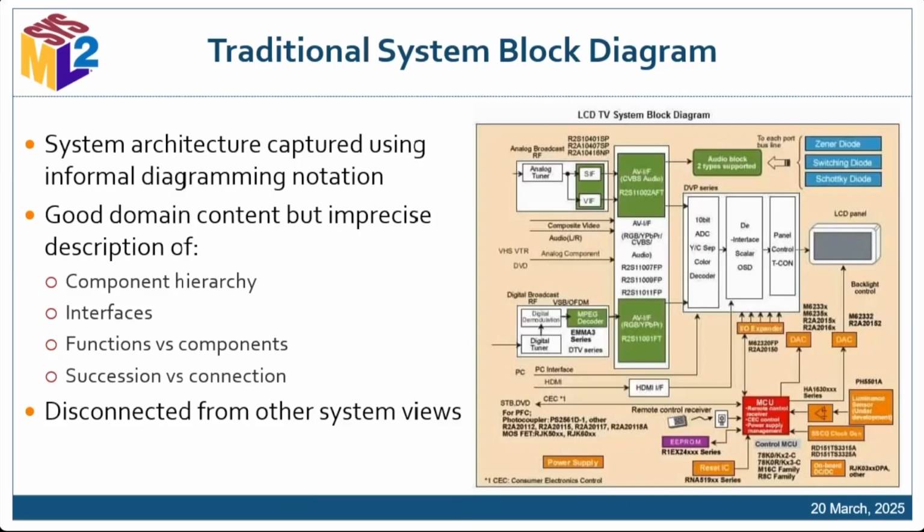And this is kind of what motivates MBSE. This is classic, really good system engineering, but it has these limitations. The other thing about this diagram is it's disconnected from other views. So if you had a particular view, a reliability block diagram or a functional flow or this or that, it's a standalone diagram. It's not connected. And it lacks traceability, for example, to requirements.